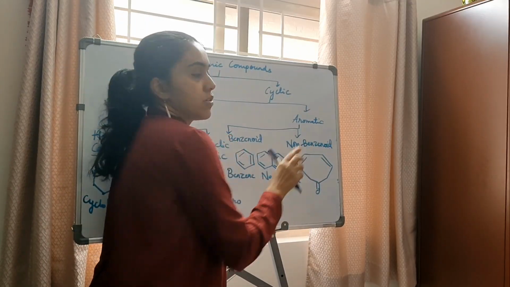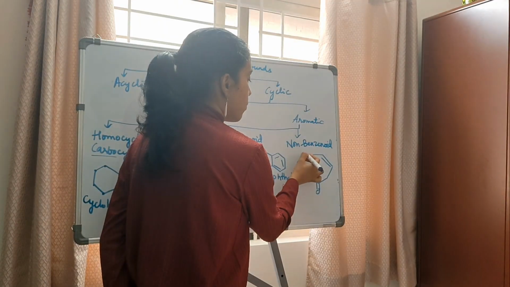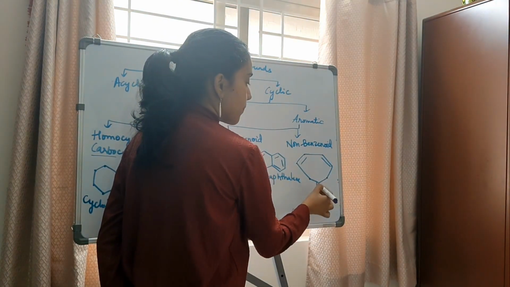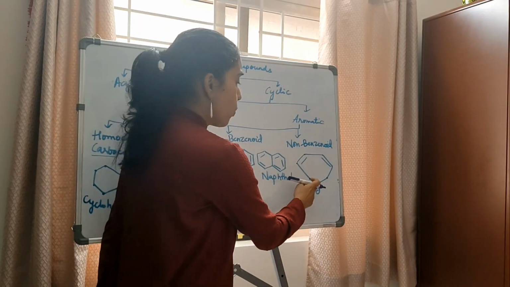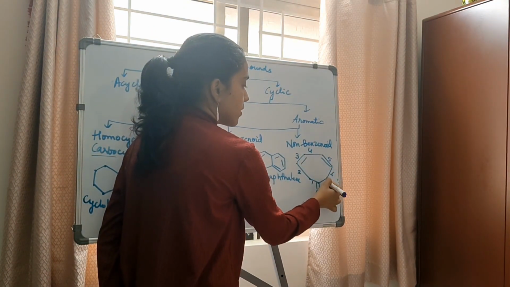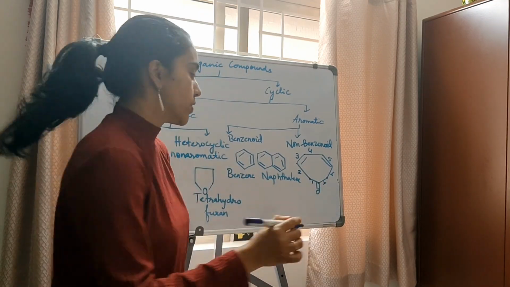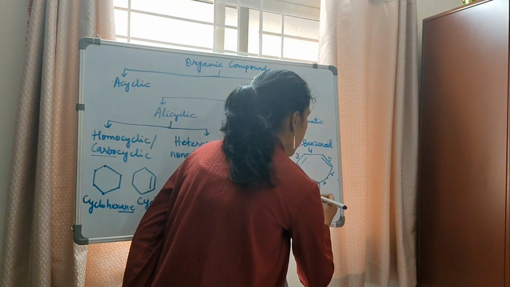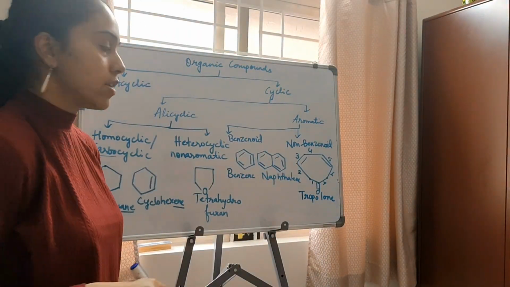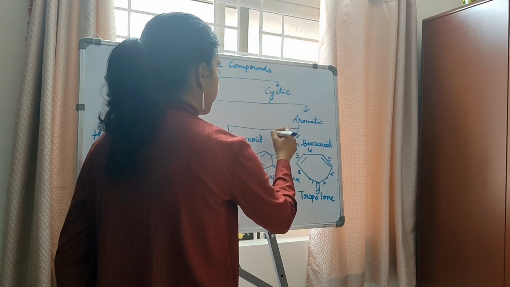So it comes under non-benzenoid type of compound. So here altogether, how many carbon atoms are there? This is 1, 2, 3, 4, 5, 6, and this is 7. So you have to draw a 7-membered ring, and then you have to attach a double bond O to it. So this is called tropolone.